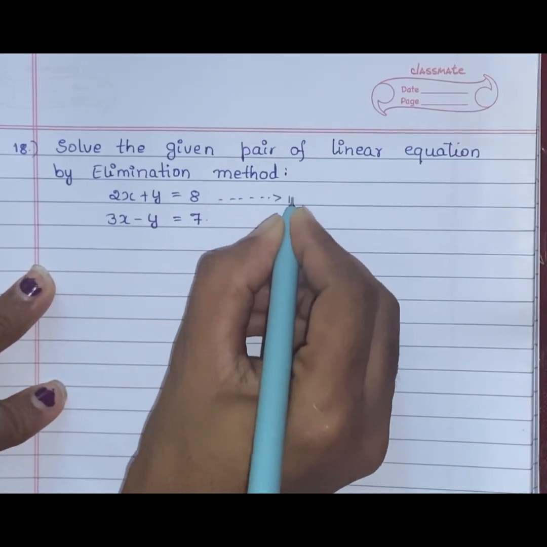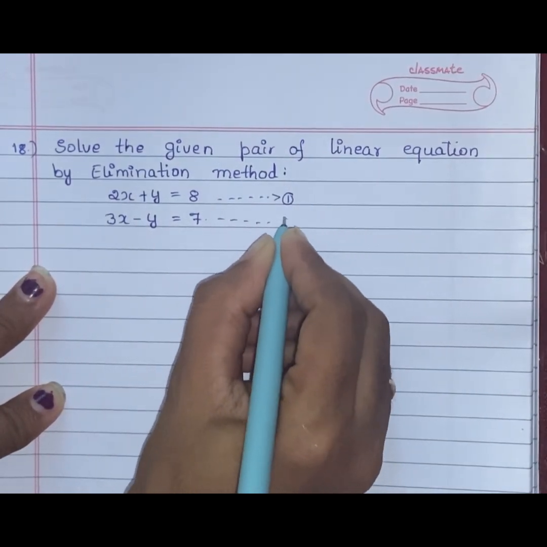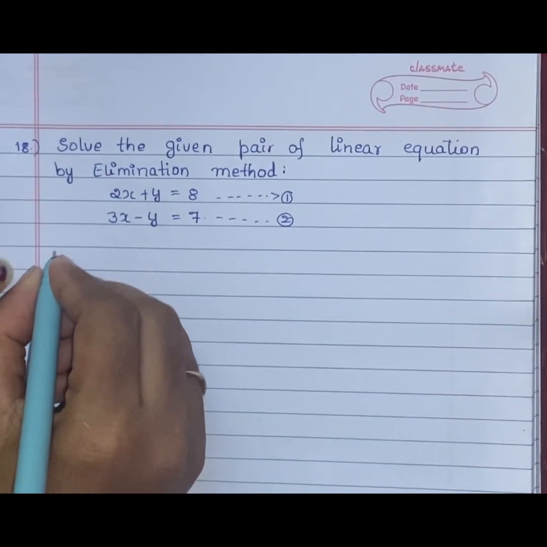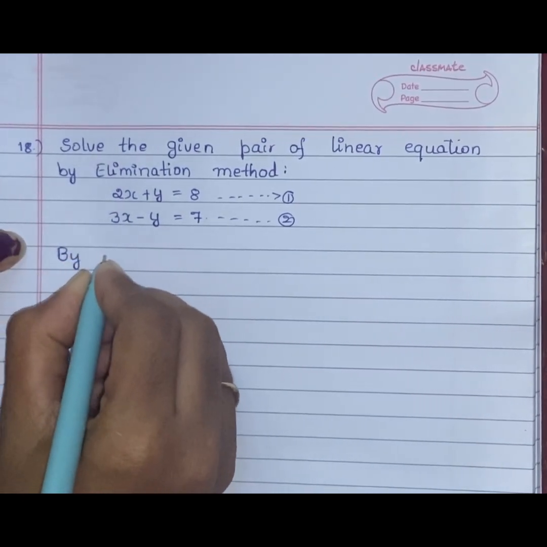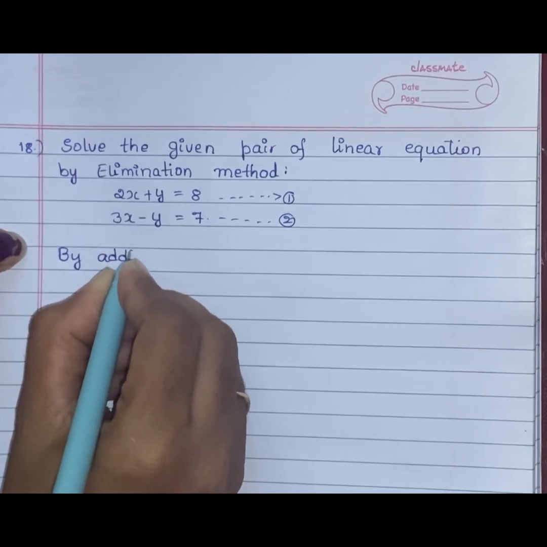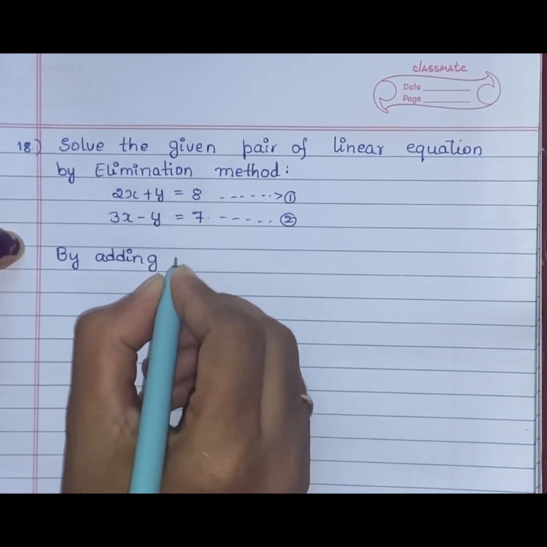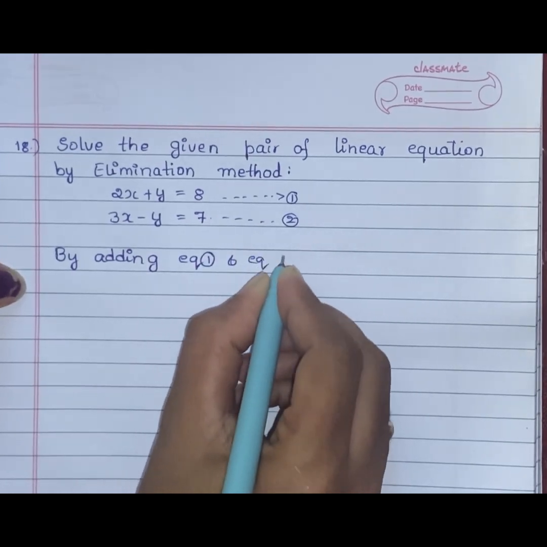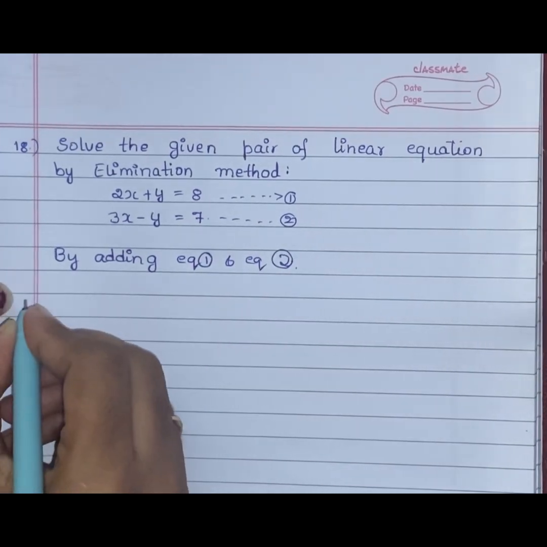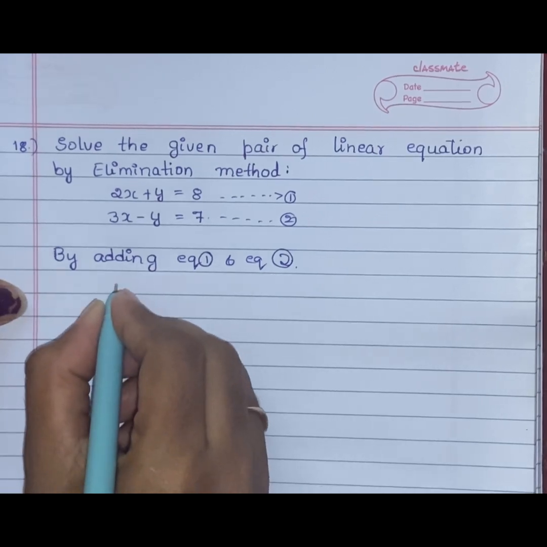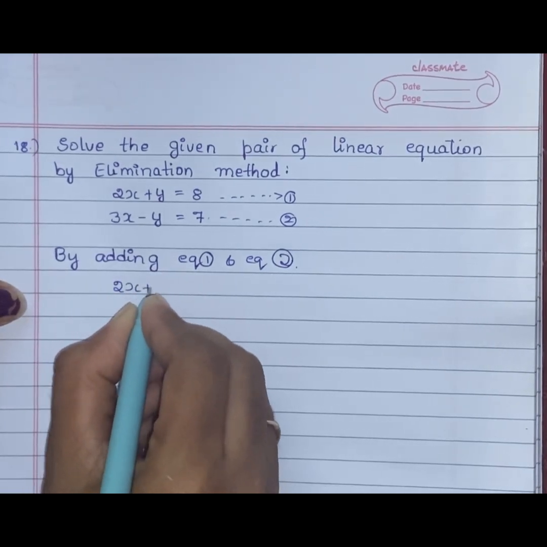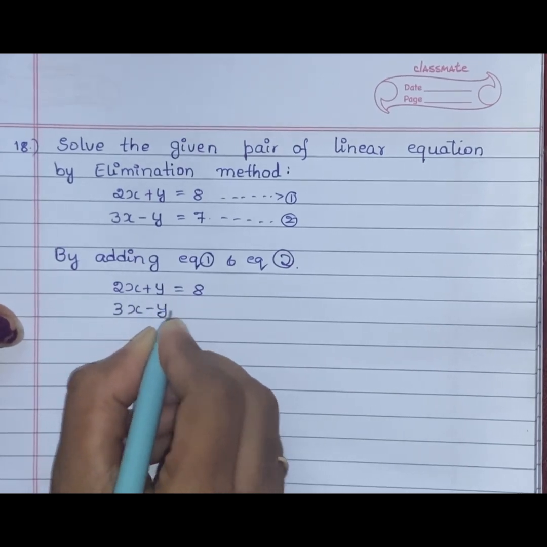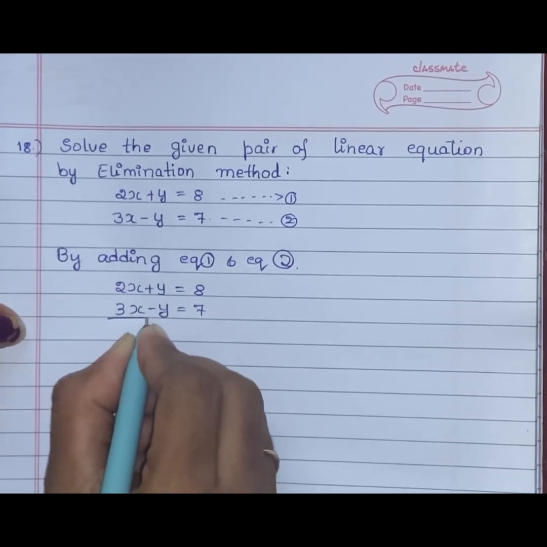Let's assume this is equation 1 and this is equation 2. Now by adding equation 1 and 2, that is 2x plus y is equal to 8, 3x minus y is equal to 7.